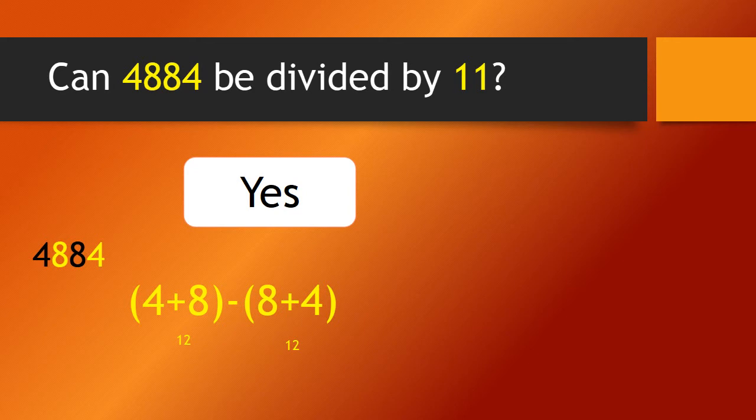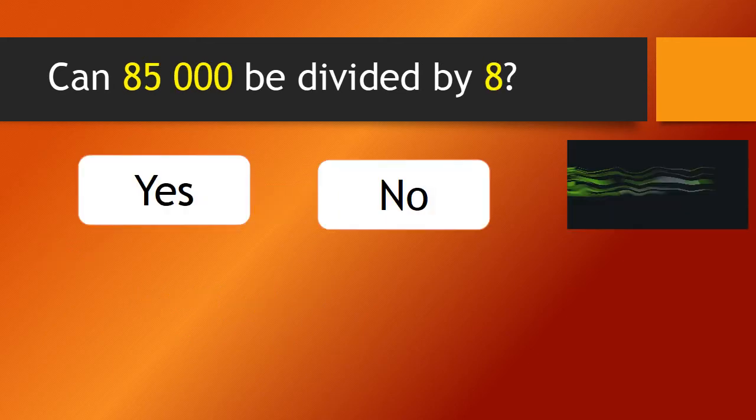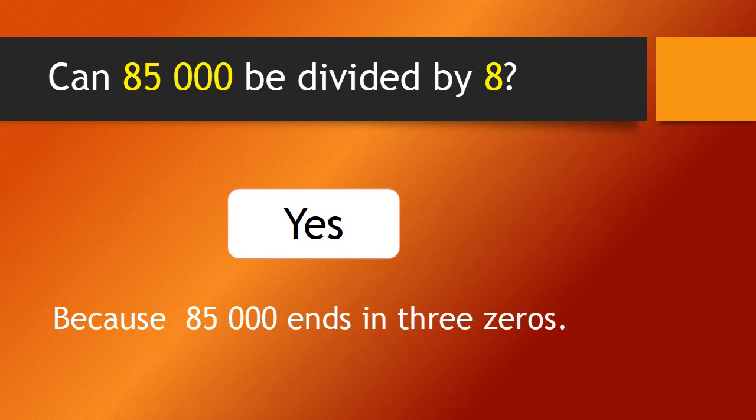So 4 plus 8 is 12, minus 8 plus 4 is also 12, so it is divisible by 11. Can 85,000 be divided by 8? Yes or no? And the answer is yes, because 85,000 ends in 3 zeros.